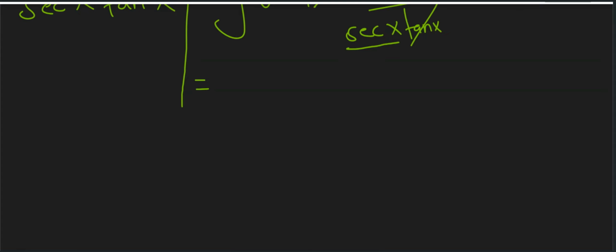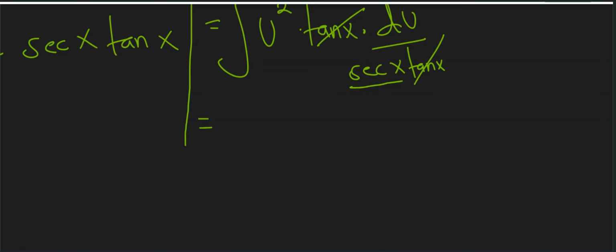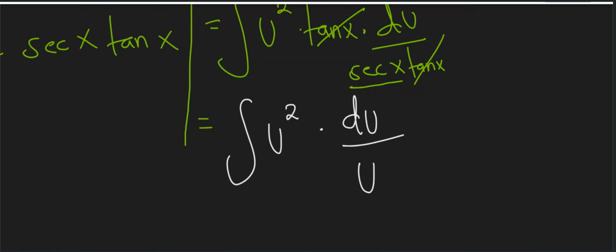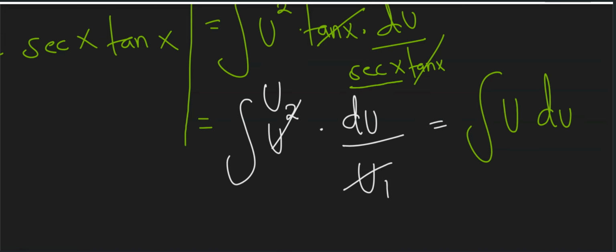So we can replace this and say this can be rewritten as the integration of u squared multiplied by du divided by u, because as we said, u should be sec x. Dividing by u, this leaves u alone. So this will be rewritten as the integration of u du, which is u to the power 1 plus 1 divided by 1 plus 1, then plus c.